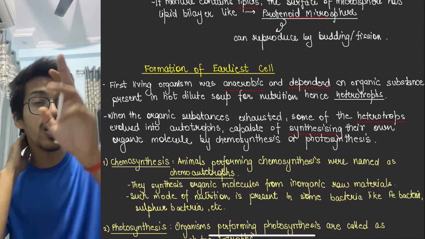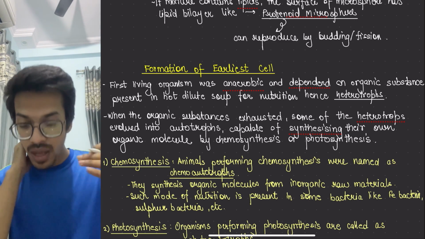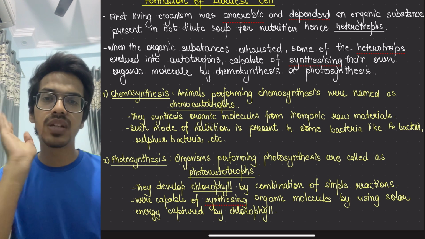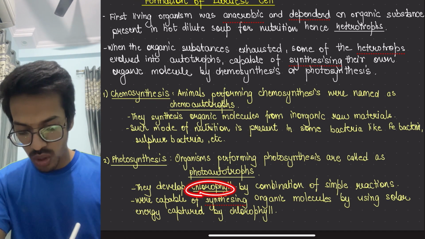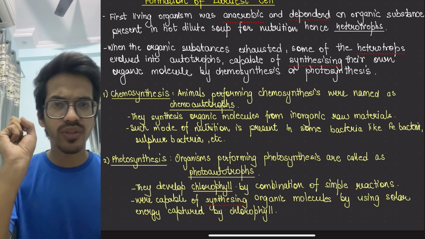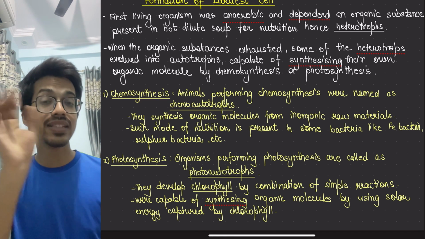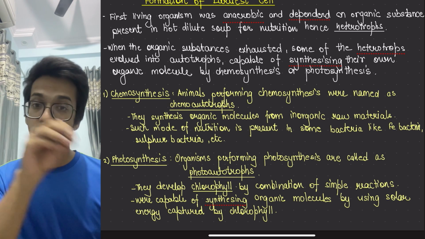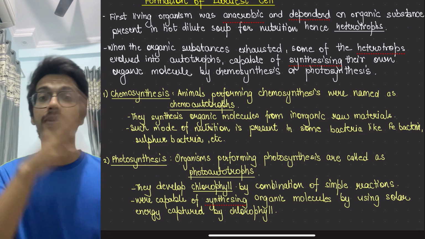So they are considered to be the primitive chemosynthetics. But soon what happened, the organisms felt that they had to develop a molecule. So they developed a molecule called chlorophyll by the combination of simpler reactions, because if you remember I said that they even make the pigments, that they are able to find the pigments also. So chlorophyll is what? One such pigment which helps in capturing sunlight.